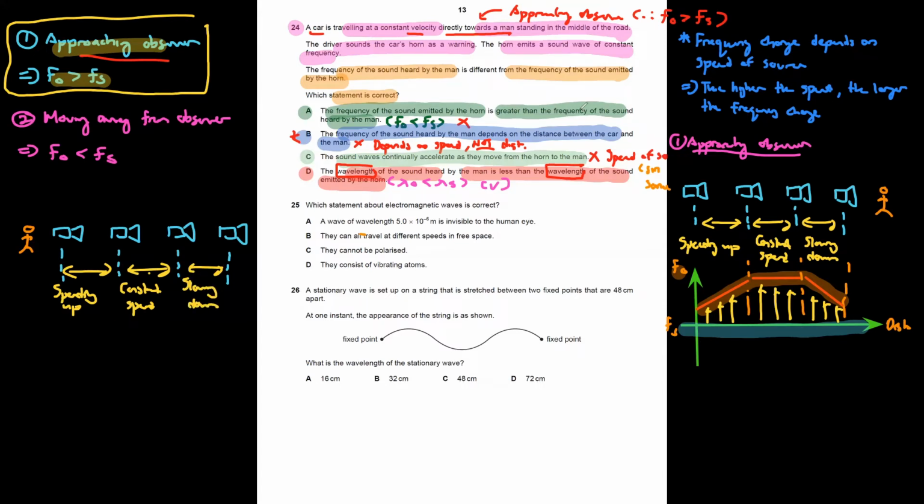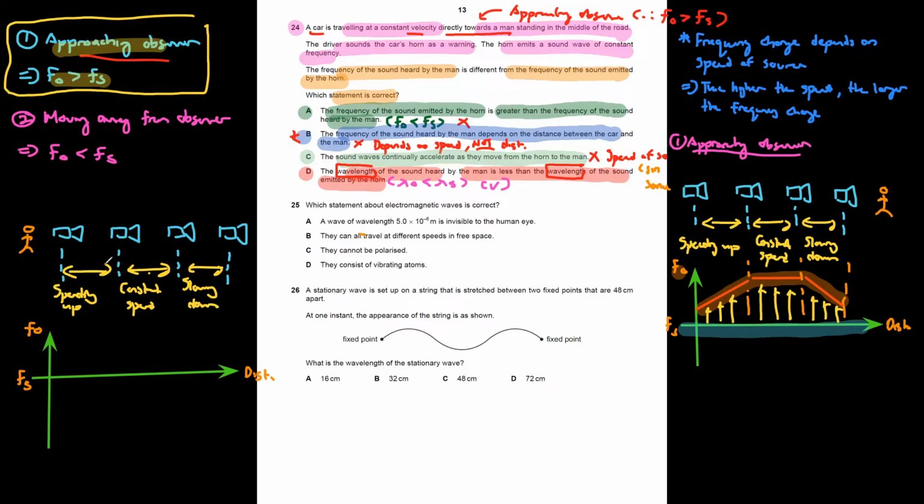Okay, so now if I want to draw a graph of the frequency observed versus the distance, it looks like this. Same thing again. The y-axis is my observed frequency, and the x-axis is distance.